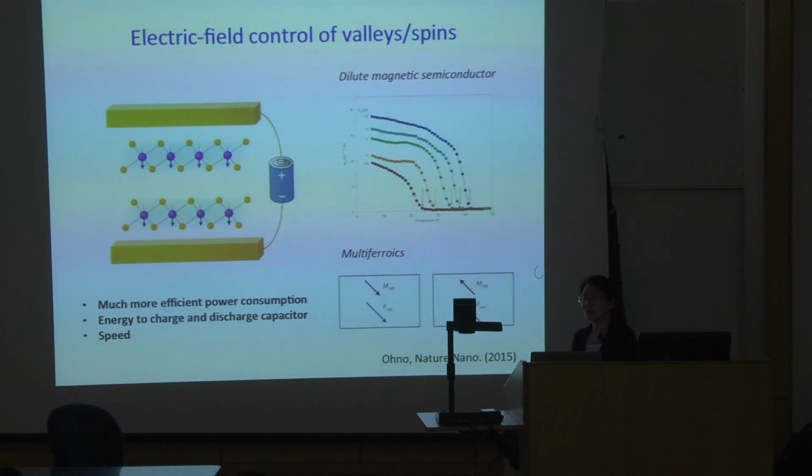There's some success, but there are many limitations. So we would like to see whether 2D materials are good for this. One thing they are good for is that I talk about one layer or two layers, so it's relatively thin. So the electric field effect should be more effective because you wouldn't have a lot of screening, so you can control it more efficiently. So that's the motivation.